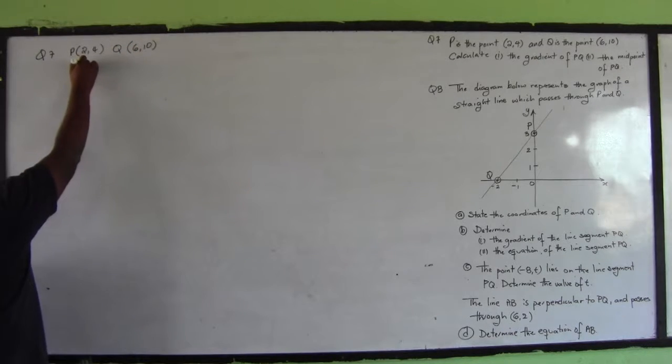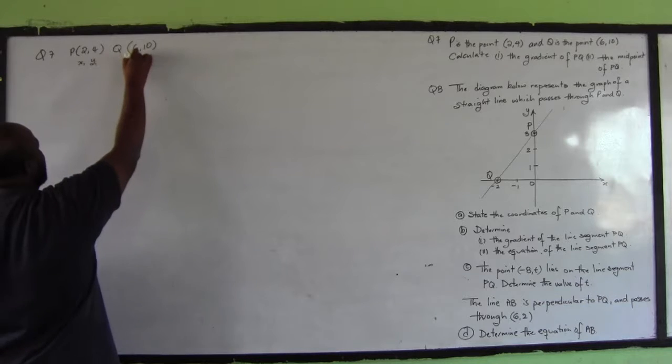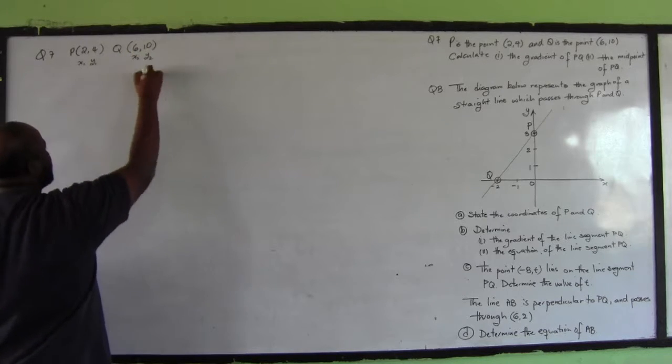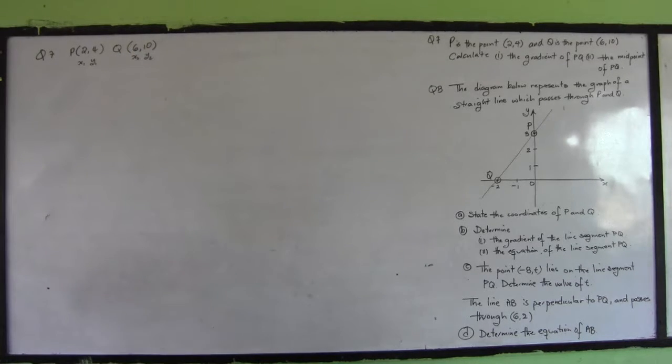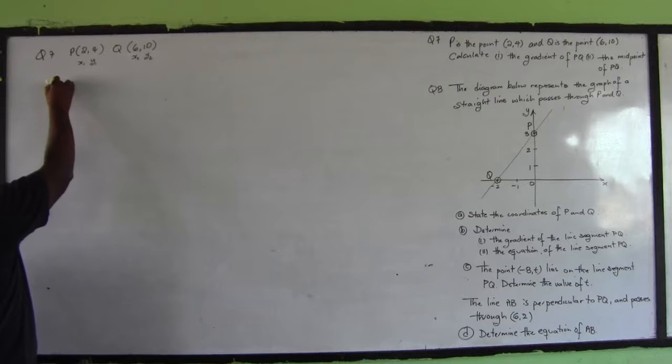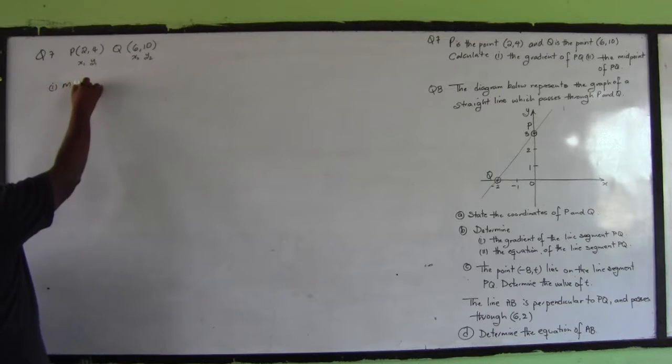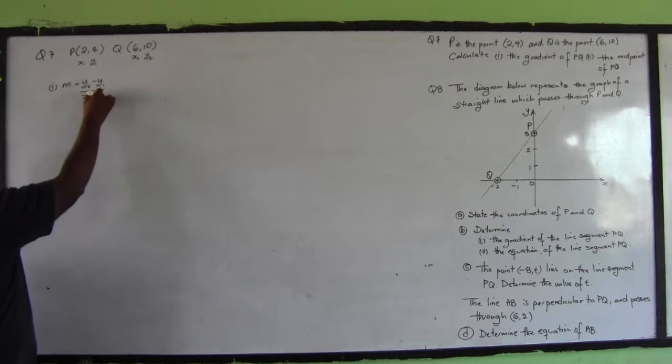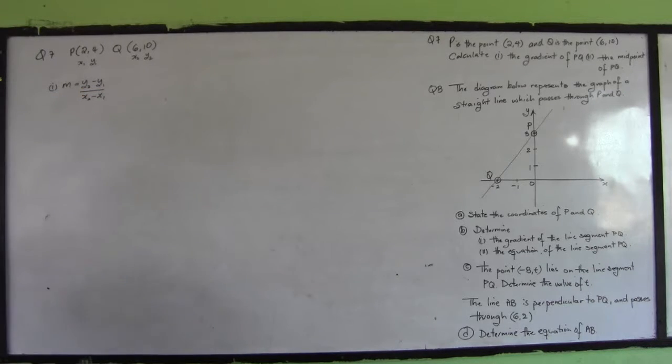I'm going to call this x1, y1, call this x2, y2. The first thing we are asked is to find the gradient of PQ. That's not hard. M is equal to y2 minus y1 over x2 minus x1.